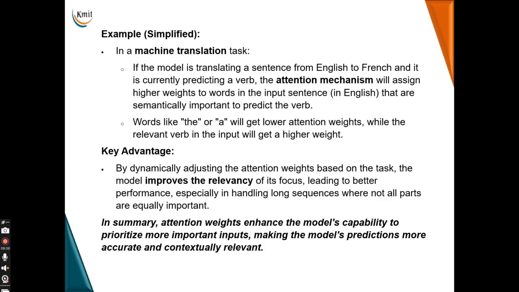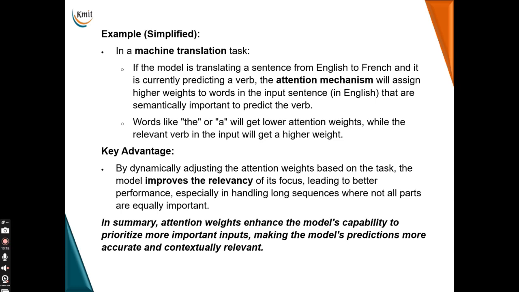Say, for example, whenever you are working with translation, say we are translating a sentence from English to French and trying to predict a verb. When you are trying to predict a verb, the input keywords in the sentence which contribute to highlighting the verb, like the adverb, the subject, the object, are given higher weights compared to words like the, a, and.